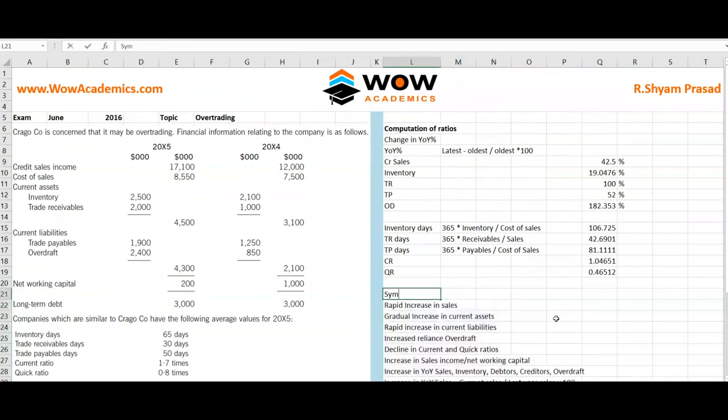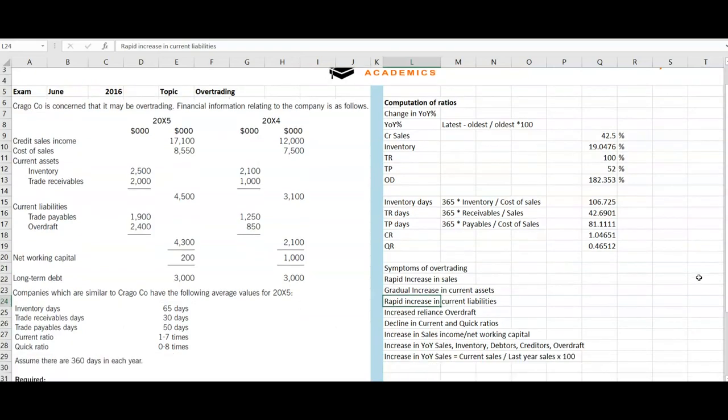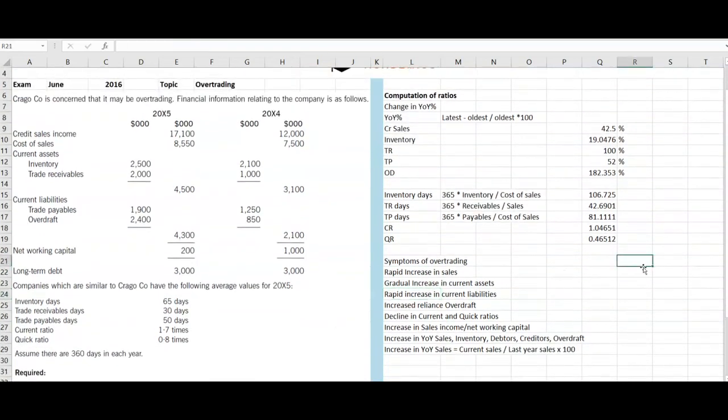So these are the symptoms of overtrading. We have to find out whether the symptoms are a yes or a no. So we'll start. Is there a rapid increase in sales? The answer is yes.